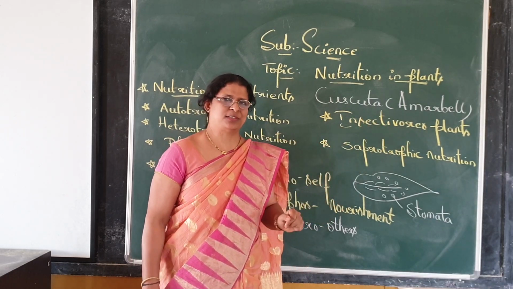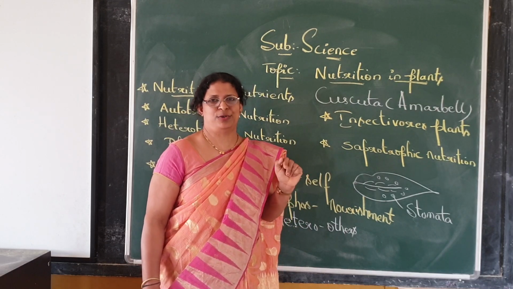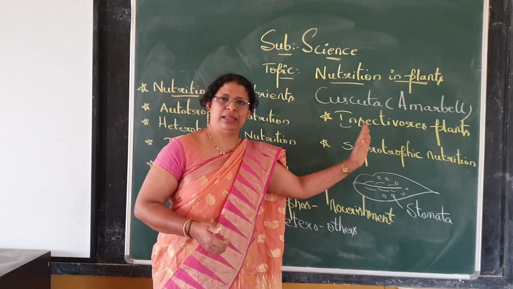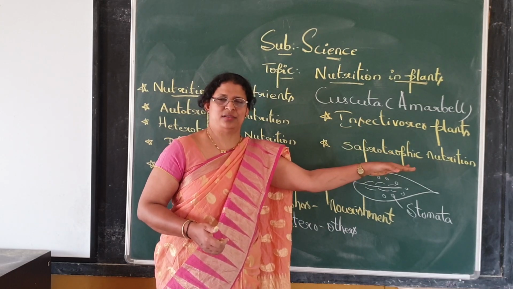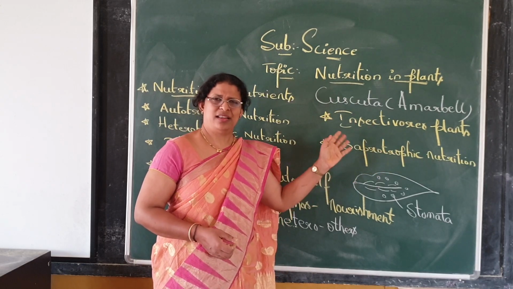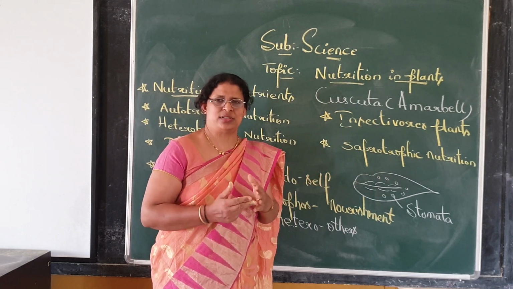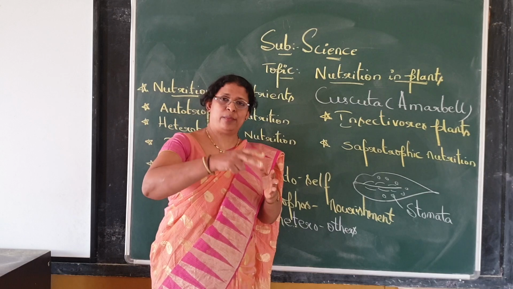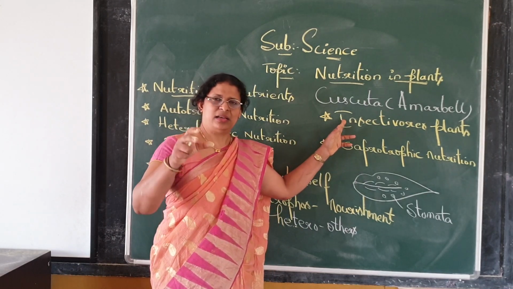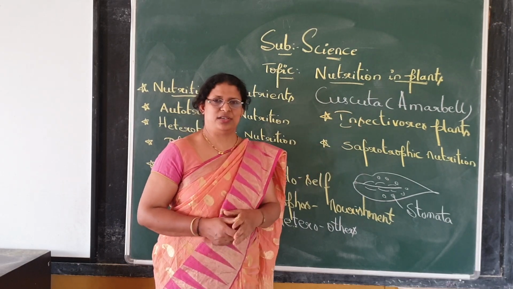What happens in the case of this plant? This plant is not able to synthesize its own food. So how do they get their food? They depend on another plant to get food. It is like a wiry yellow colored structure which lives on the other plant, and that plant prepares the food for cuscuta.